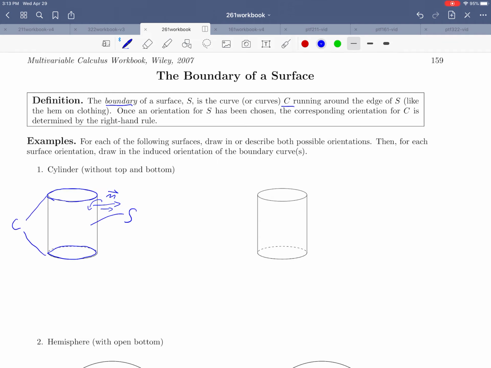That gives us the associated orientation of the boundary curve. If I continue curling this way, close to the bottom edge of my cylinder, my fingers would be curling around this way, so I have the orientation in the opposite direction from the top. So that was the outward orientation.